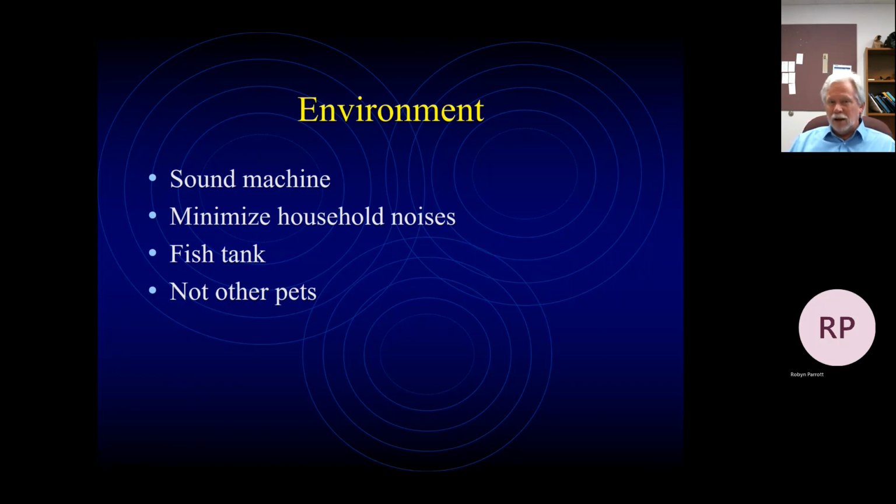A sound machine isn't always helpful, but in some people it makes a difference. It could be rain, it could be waves, it could be wind, but it helps to minimize the random household noises like people walking by, boards creaking, doors opening and closing.